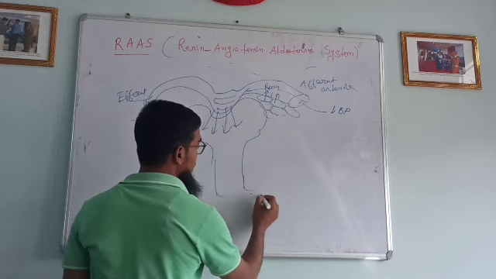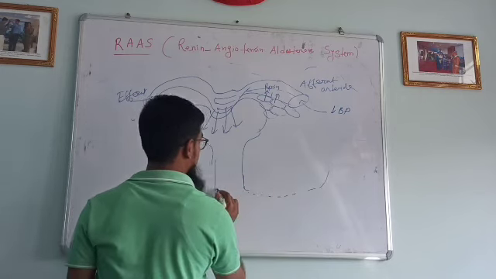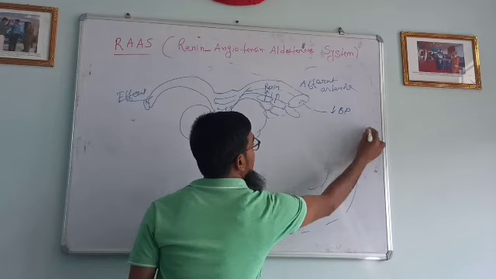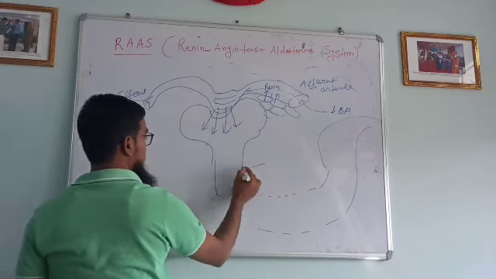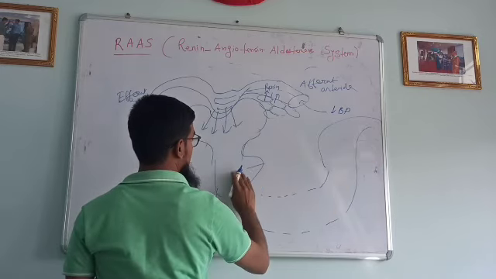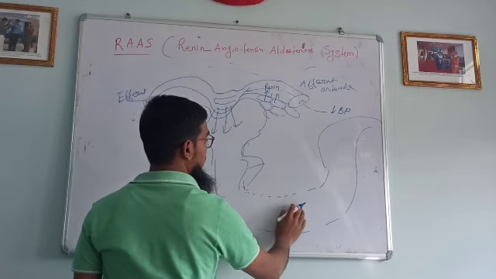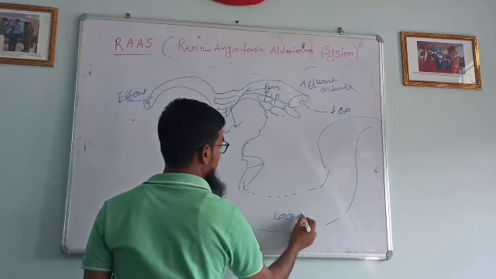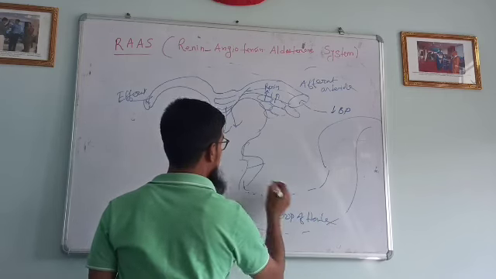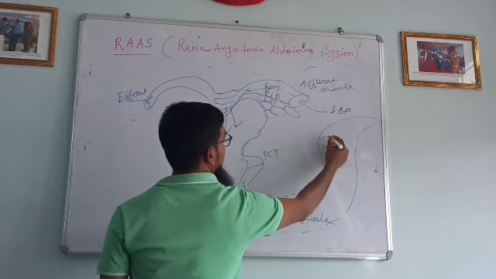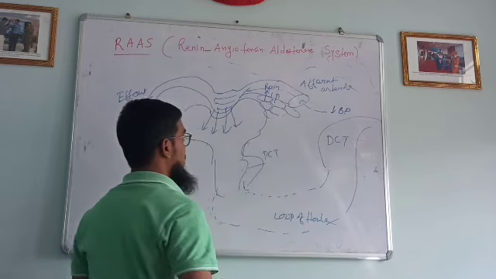Similarly, suppose this is the proximal convoluted tubule and loop of Henle, and this is the distal convoluted tubule.